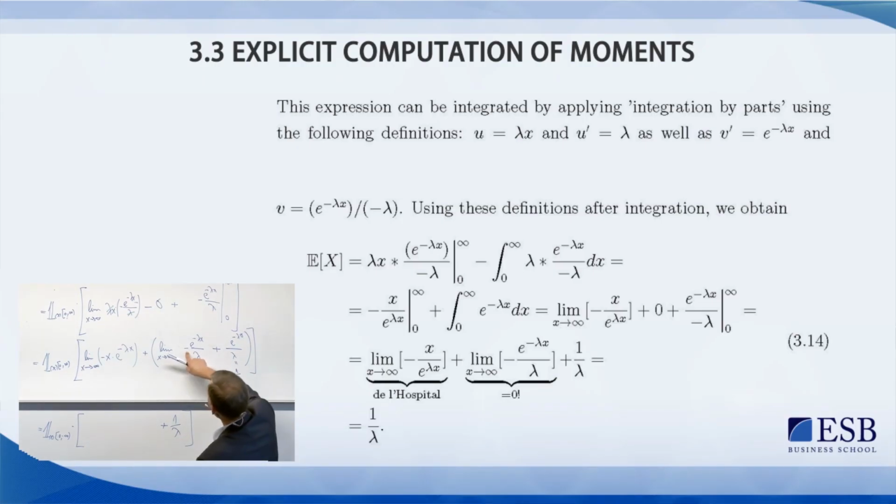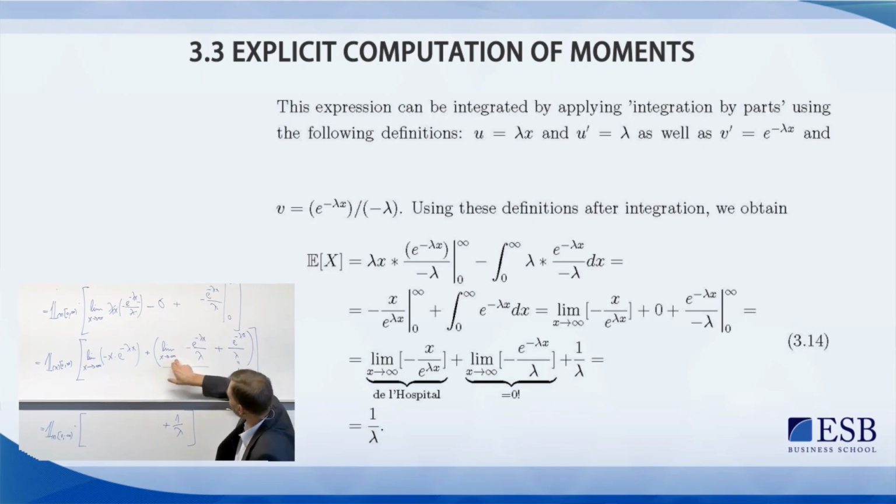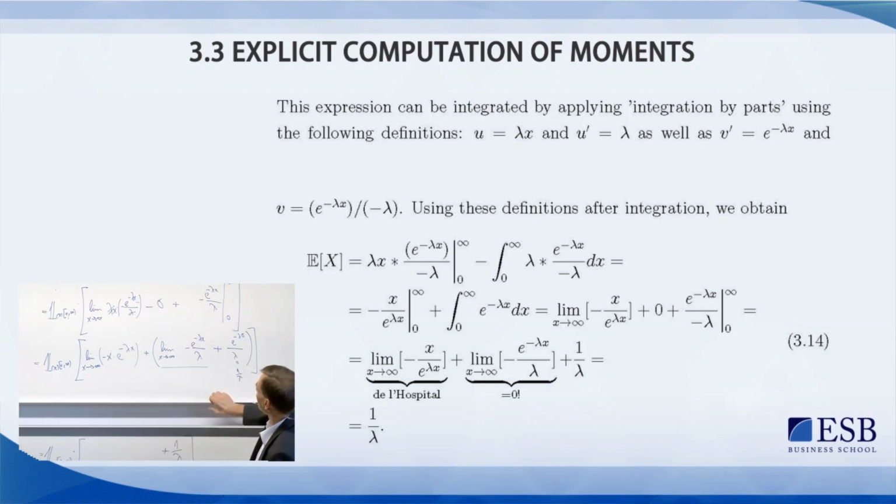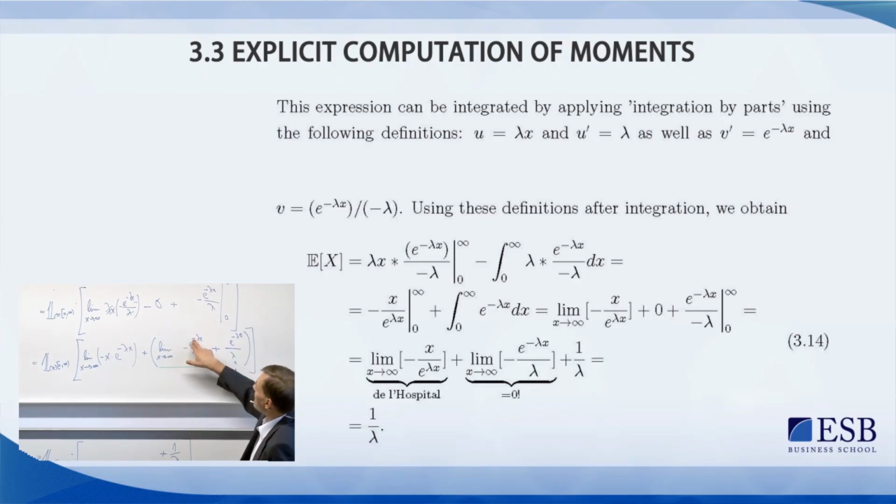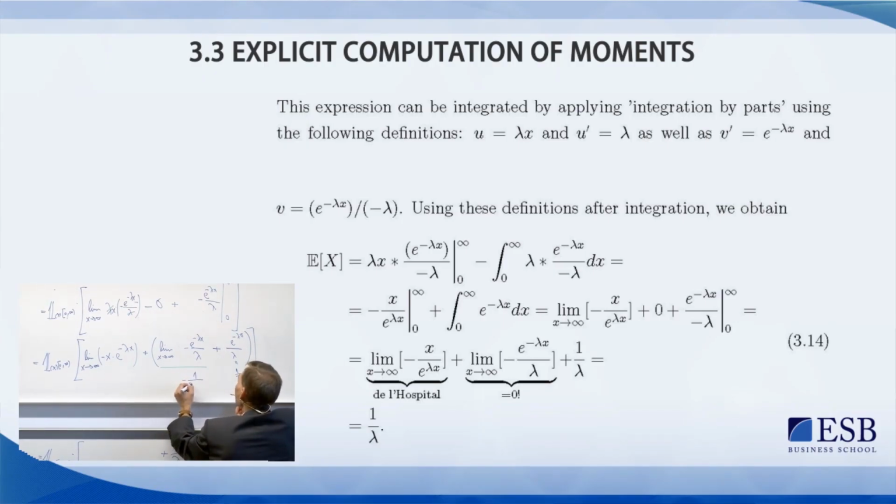So now let's take a look at this term. What is this term if x goes to infinity? Well, you see there's a minus here in the exponent. So if we write the exponential function in the denominator, then the minus gets a plus, right? We can write this as minus 1 over lambda times e to the lambda x.